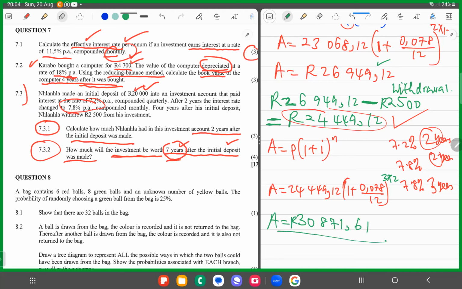Which means, therefore, that this interest for 7 years, 2 plus 2 plus 3 years, is 4 plus 3 years, which is 7 years. So for 7 years, the amount is going to be exactly 30,000 in that.